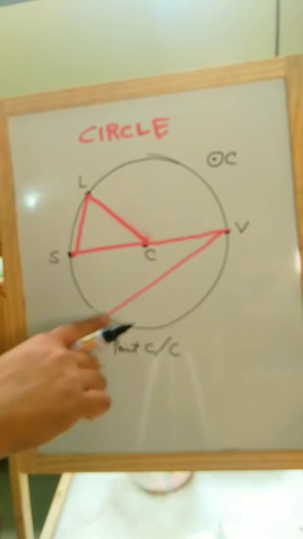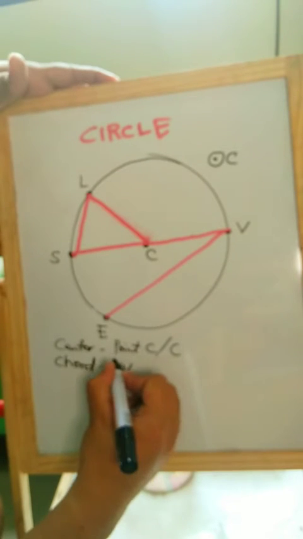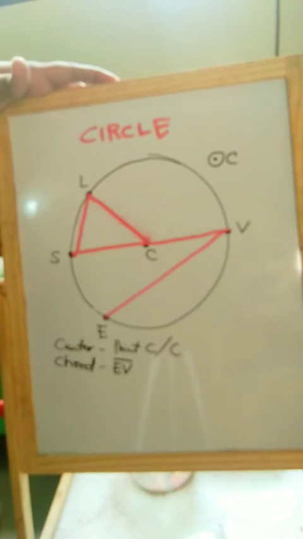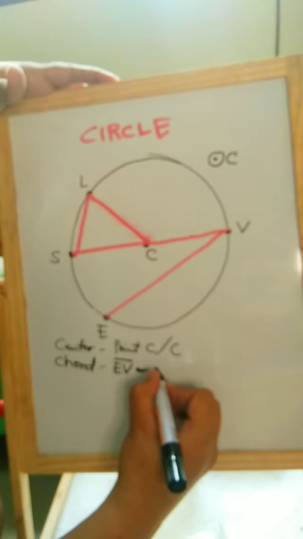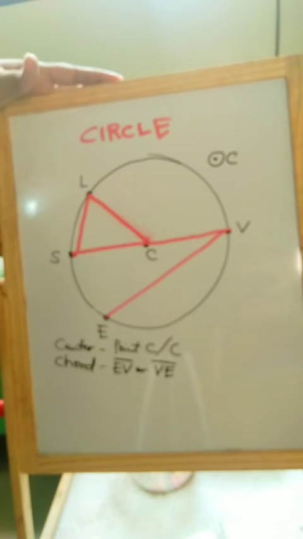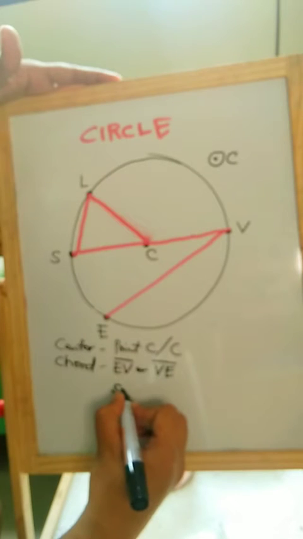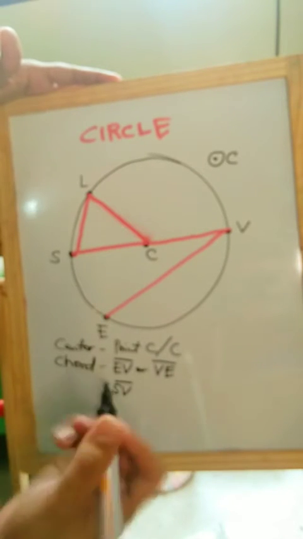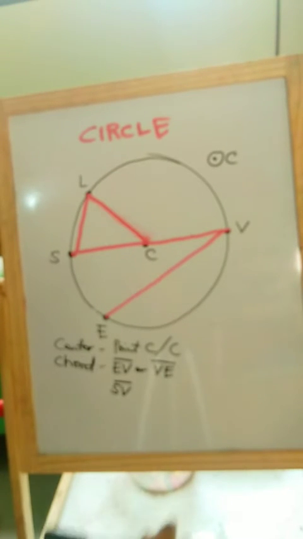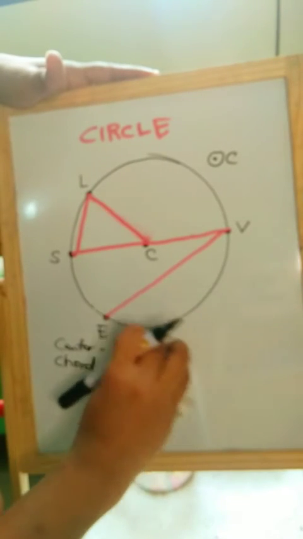Namely, we have segment EV, or you can just name it as segment VE kasi parehas lang naman yan kasi segment naman siya. And we have the other one, which is segment SB, or you can just name it as EV. Any of the two, kahit magkabaliktad yung letter representation, okay lang yan.